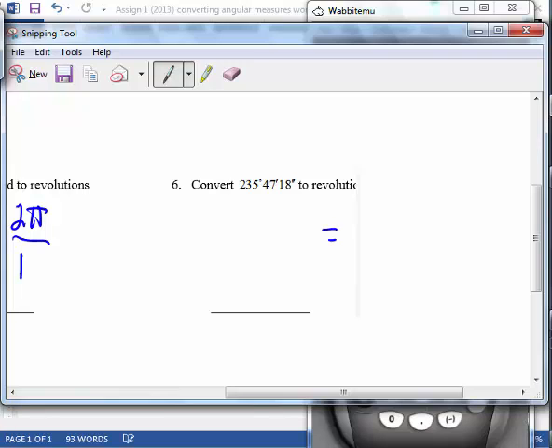Next one, convert 235 degrees 47 minutes to revolutions. So this is degrees. There's 360 degrees in a circle. So one revolution is 360 degrees. We want to know how many revolutions this would be. So we take it and divide it by 360.